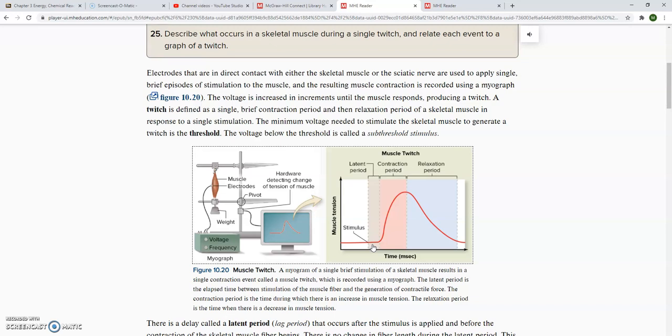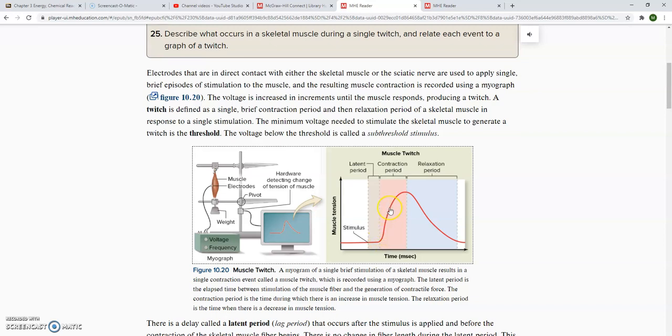But once that calcium is released and starts binding to the troponin, troponin changes shape to move the tropomyosin away from the myosin binding sites on actin, and then the myosin heads can bind. Once we get that cross bridging going, and we get the pivot or power stroke, we start generating muscle tension.